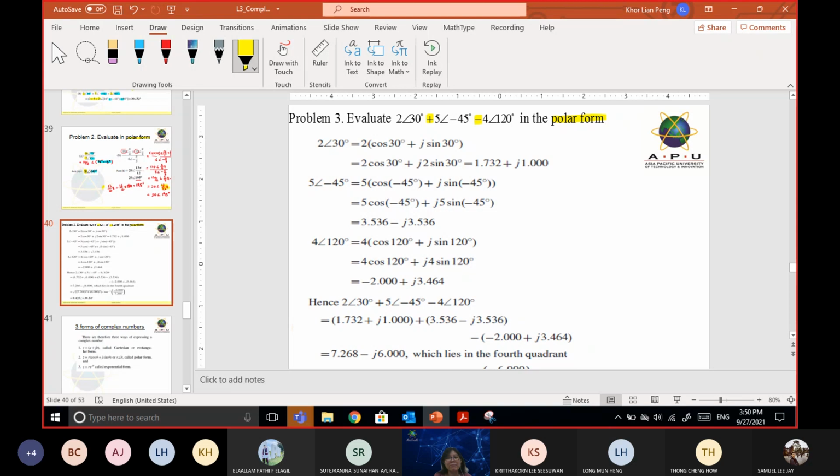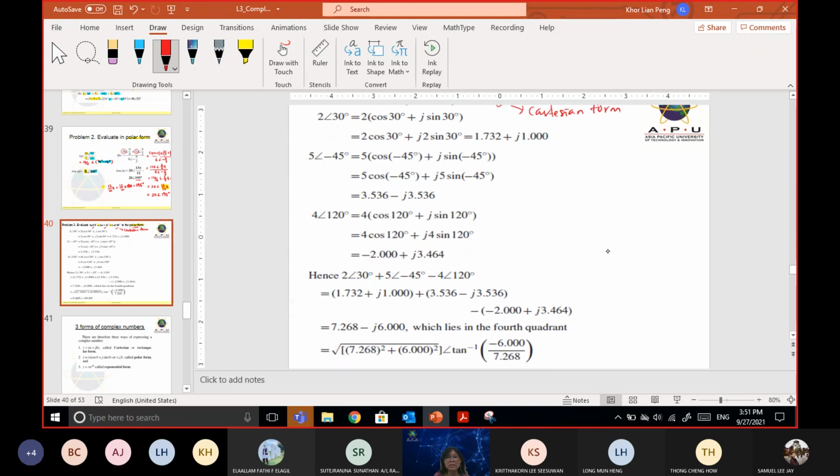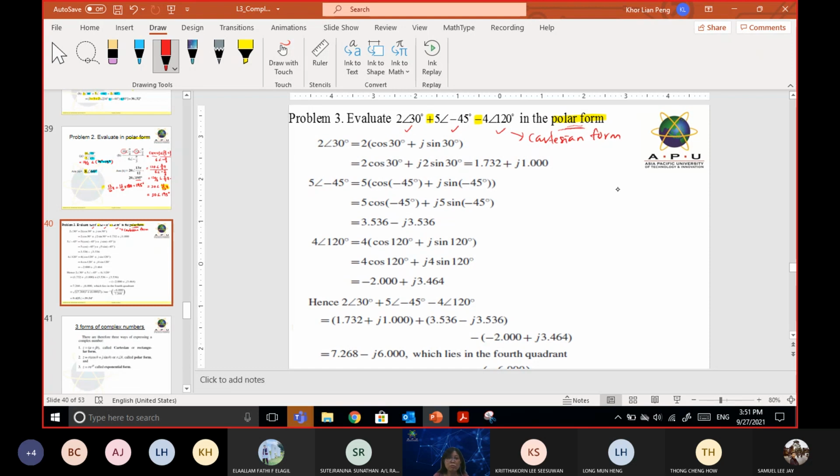Maybe after you hear that, you want to faint already. So in this case, we have 3 complex numbers in polar form. For each one, we convert it into Cartesian form, then conduct the addition and subtraction in Cartesian form. After that, we convert it back to polar form if the final answer is required to be in polar form. No choice.